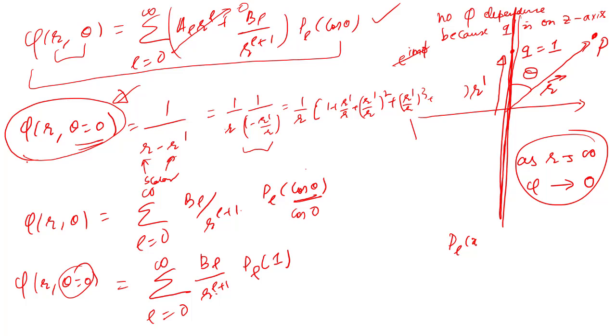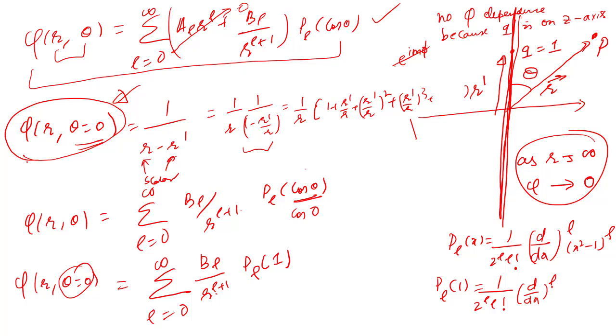P_L of x in general is 1 over 2 to the power L, L factorial, d by dx to the power L of (x squared minus 1) to the power L. So if I have P_L of 1, that would be 1 over 2 to the power L, L factorial, d by dx to the power L of (1 squared minus 1) to the power L.